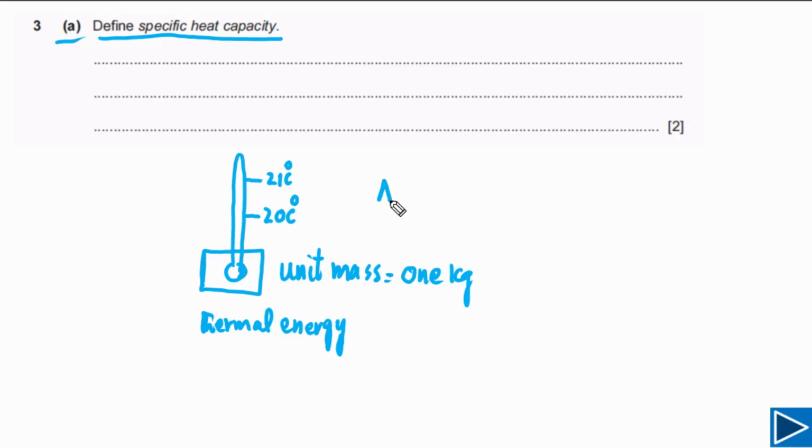When we talk about change in temperature, you can say to raise temperature by 1 Kelvin or by 1 degree Celsius, because change in temperature in Kelvin is the same as change in temperature in degrees Celsius. So we can say it is the amount of thermal energy required to raise the temperature of a substance of unit mass by 1 Kelvin or by 1 degree Celsius. Now let me show you how you can write down a proper answer.